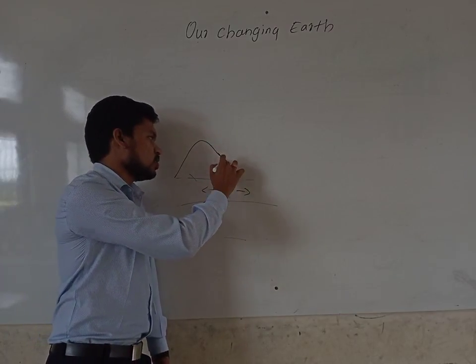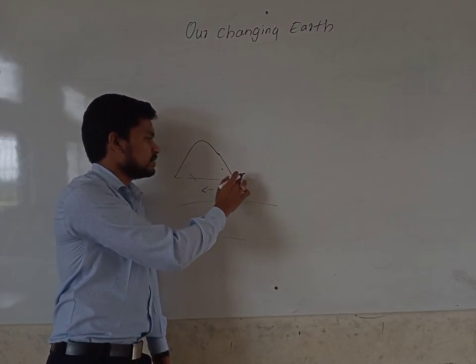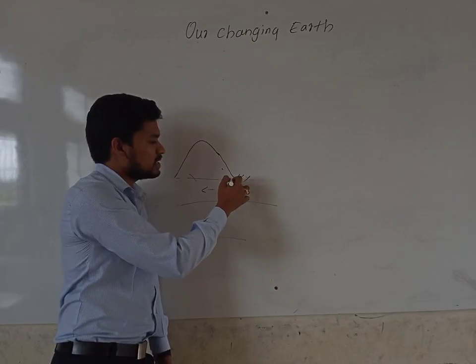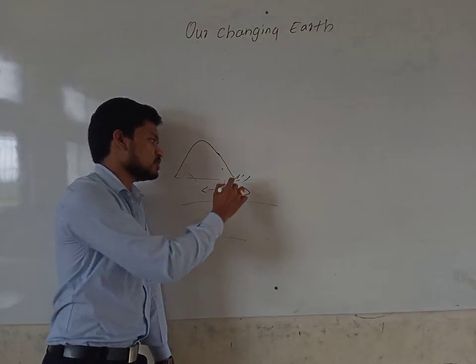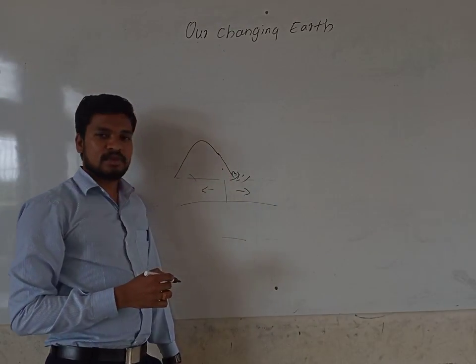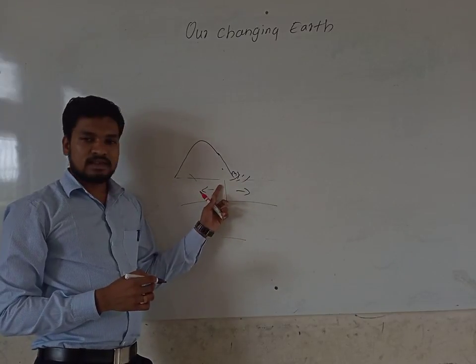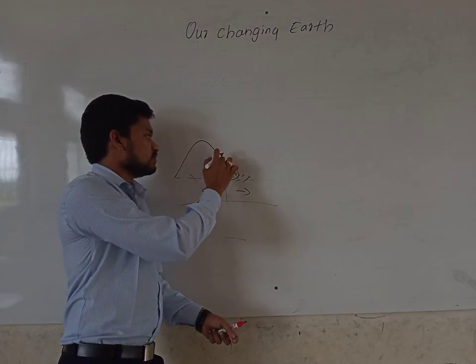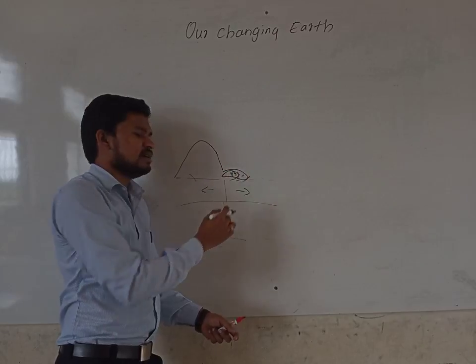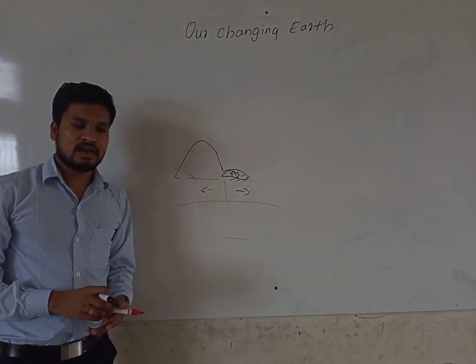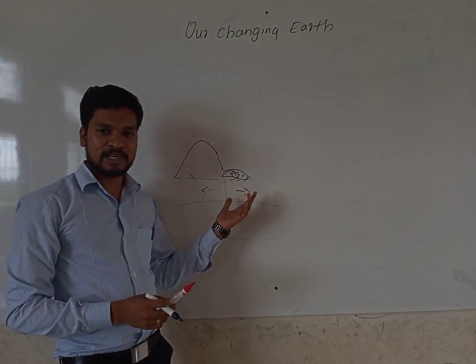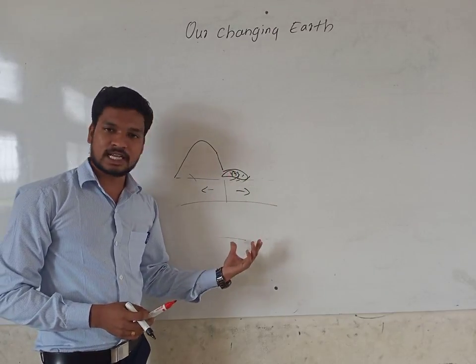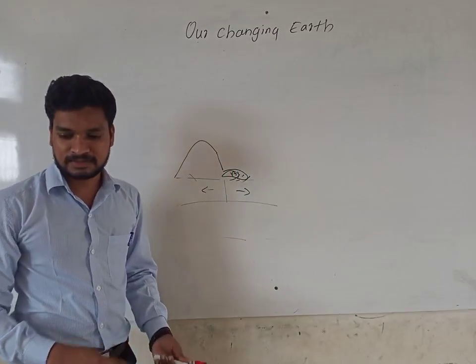Suppose there is a road here, and people are walking and traveling, and there is a house. Suppose at that time a landslide happens. When this piece of land falls on them, they stand a chance of losing their lives and all their properties. So landslide is another example of the endogenic force.